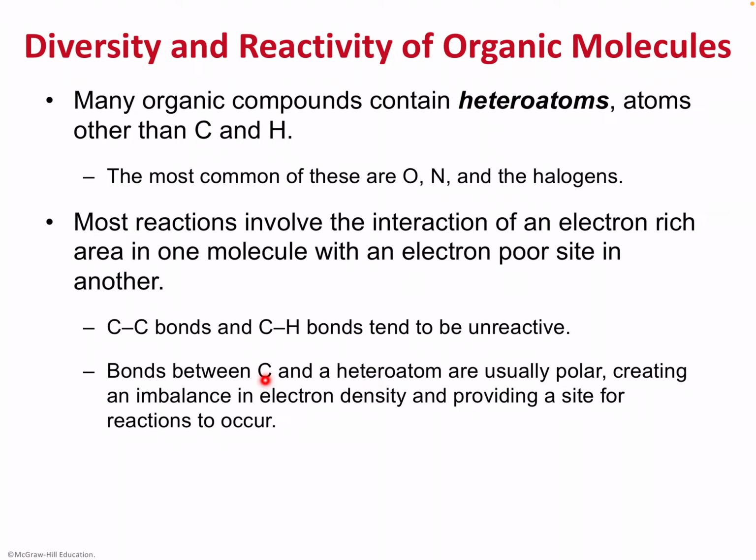When carbon bonds to one of these heteroatoms, it usually becomes polar because oxygen is more electronegative compared to carbon. Nitrogen and halogens, they are polar. So if carbon bonds to any of the heteroatoms, then the bond will become polar. That creates an imbalance in electron density, and that provides a site for reactions to occur. That's how most organic compounds react.